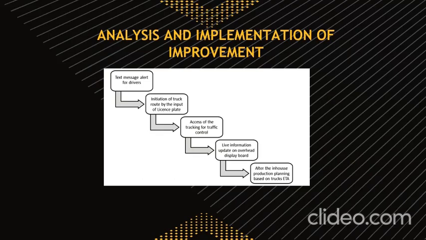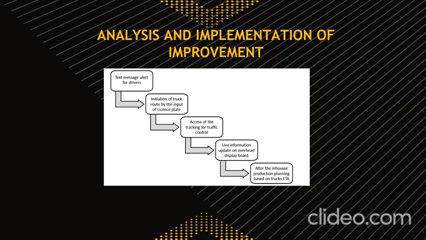In this diagram, the following explains a bit of the sequence of the flow of information from the trucks to the employees that is followed when implementing this mobile application in the planning of the company. As a first point, the driver receives a text message alert.